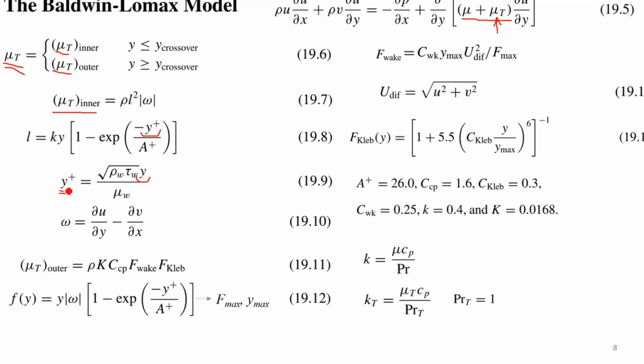On the wall, you can say we have y plus equal to 0, but not exactly, because the center of the first cell is not exactly at the 0 coordinate. It is displaced from the wall by half of a cell, so delta y divided by 2, the smallest value here. We can see that y plus at the wall is the smallest possible, because the coordinate is the smallest possible.